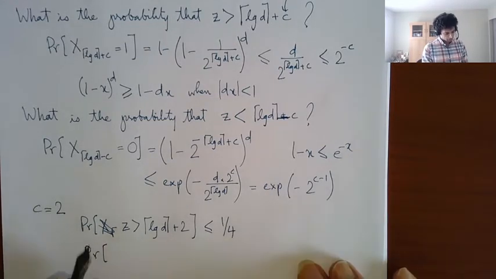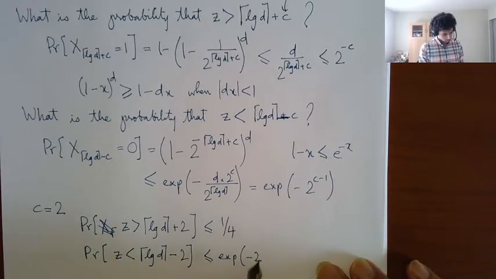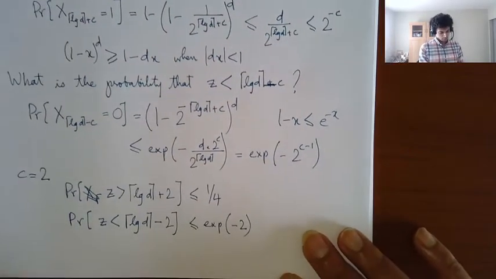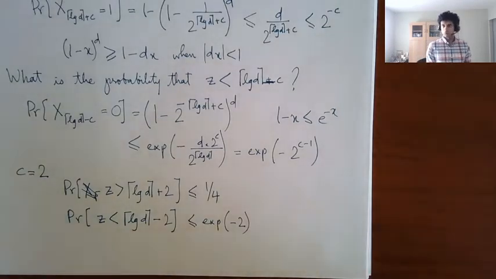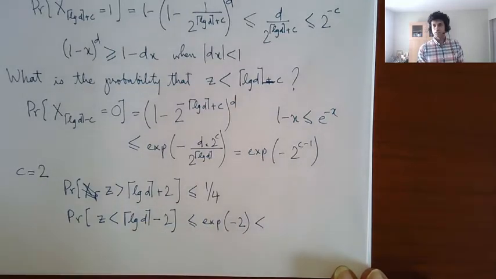The probability that Z is less than log D minus 2 is at most e to the minus 2, which is like 1 over e squared, and this is definitely less than 1/4.